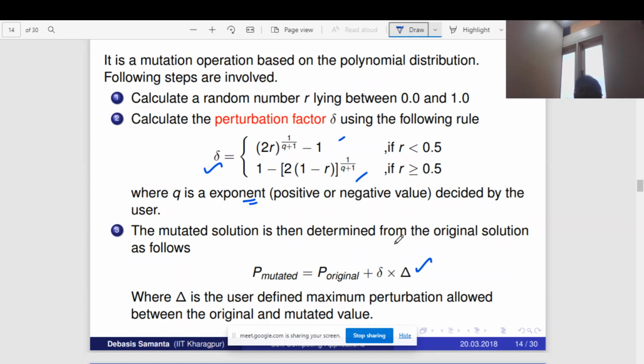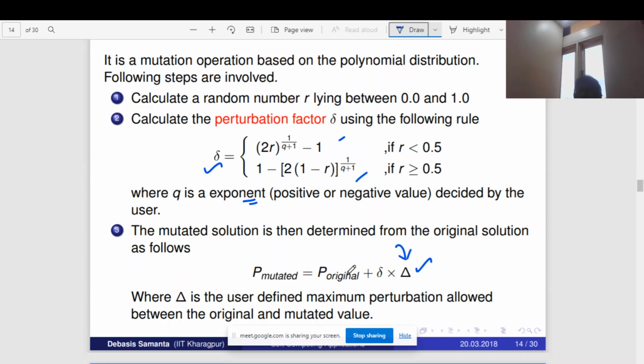And then del is the upper limit, like how previously we chose del. Similarly, here also del represents the upper limit, that is, P original plus del cannot exceed beyond a certain limit. So the user should choose the correct value for del.